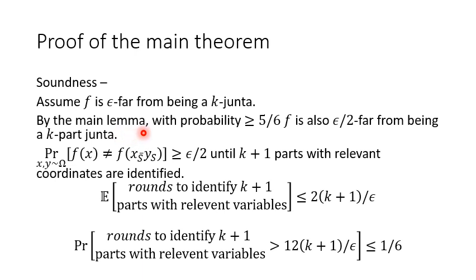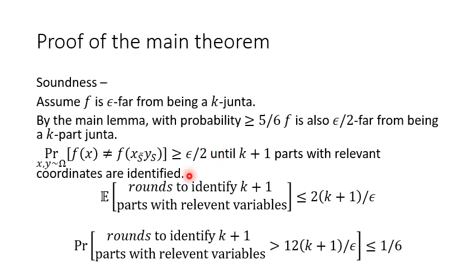That means that if we take S that initially contains all the coordinates, while we are yet to remove k plus 1 parts from it, then the probability that this event happens is at least epsilon over 2. That is just from the definition of being a k-part junta.